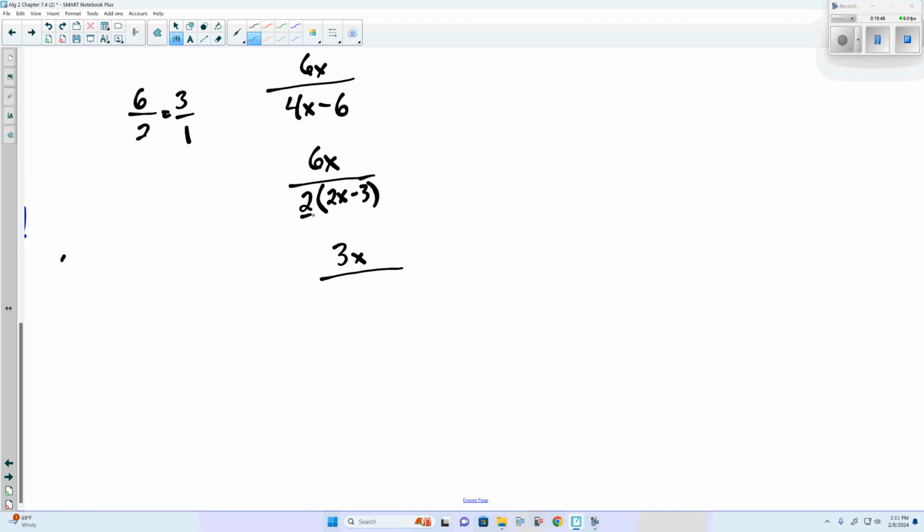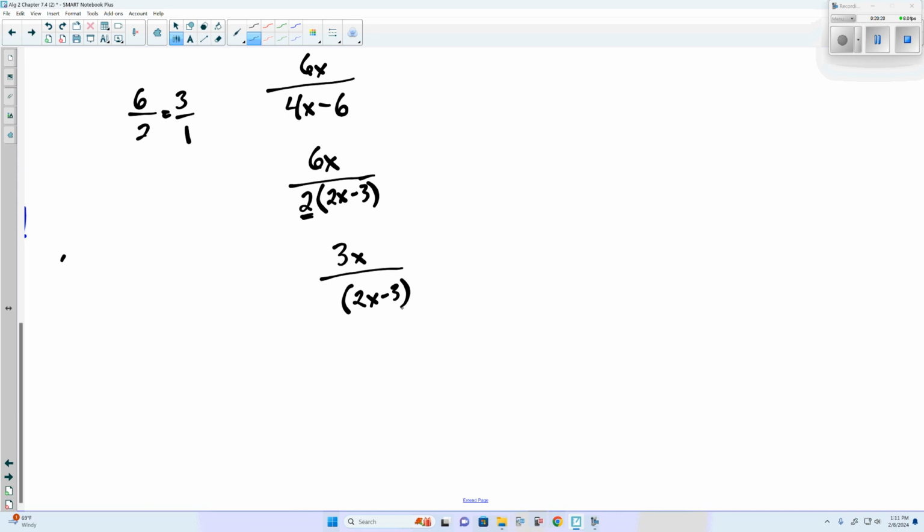The 2 is now 1. So we can just say it is 2x minus 3. Because we now have multiplication with that 2 and 2x minus 3, that multiplication lets us reduce the 6 and 2. The 3x and 3 that we have left over don't, because of the minus, because it's 2x minus 3.